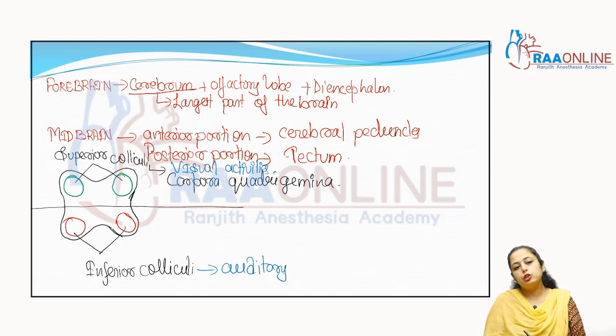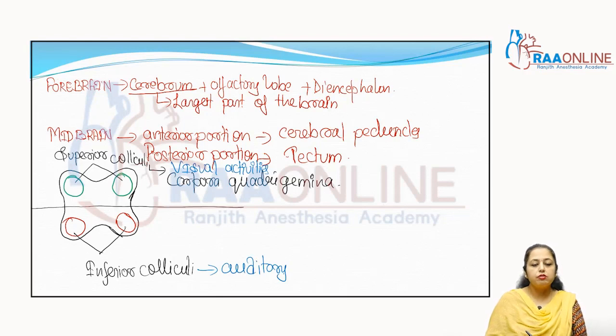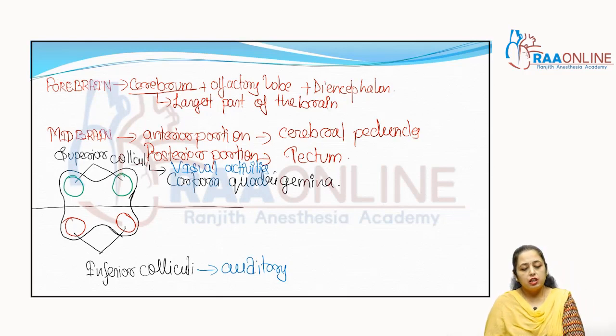This is important from the examination point of view. Sometimes these are pre-medical questions. That's why I tell you, the inferior colliculi are part of the auditory pathway, relaying the auditory nerve impulses from the receptors for hearing in the ear to the thalamus.